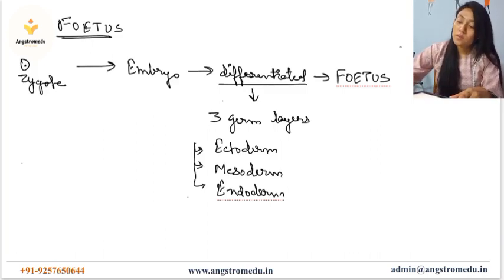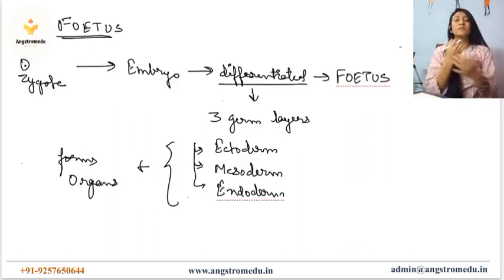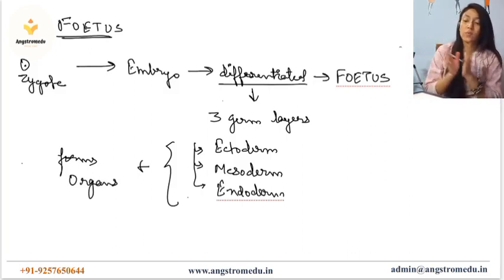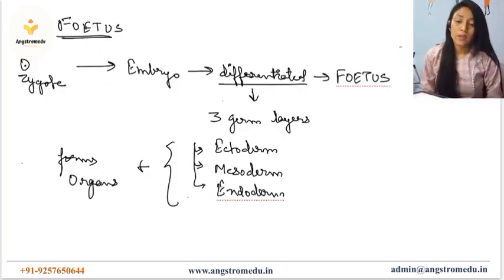So all 3 layers are responsible for organ formation. These 3 layers form organs, be it skin, be it your internal organs, be it your bones. The whole organism formation duty is performed by the mutual cooperation of these three layers only: your ecto, meso, and endoderm.